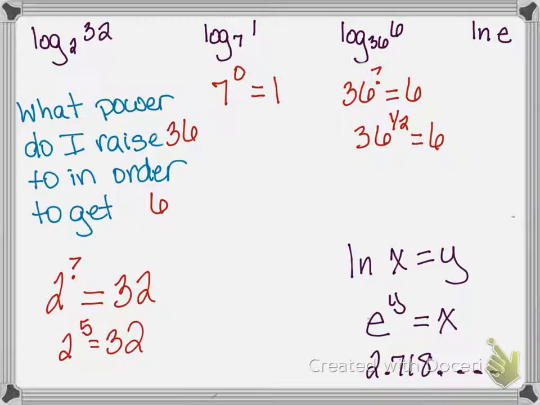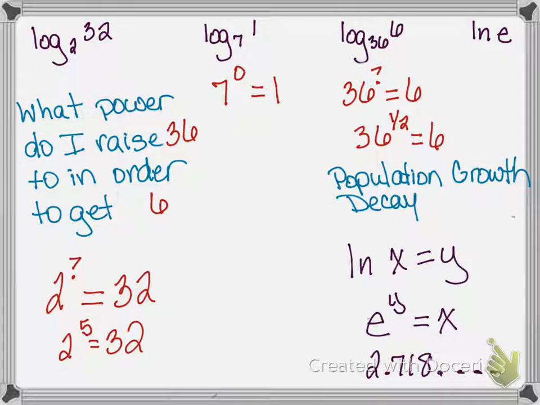Now, e is used for population growth. We talked a little bit about it on Monday. It's used for decay in biology. So if you've got a radioactive material that has a half-life and decays over time, e is used in that.